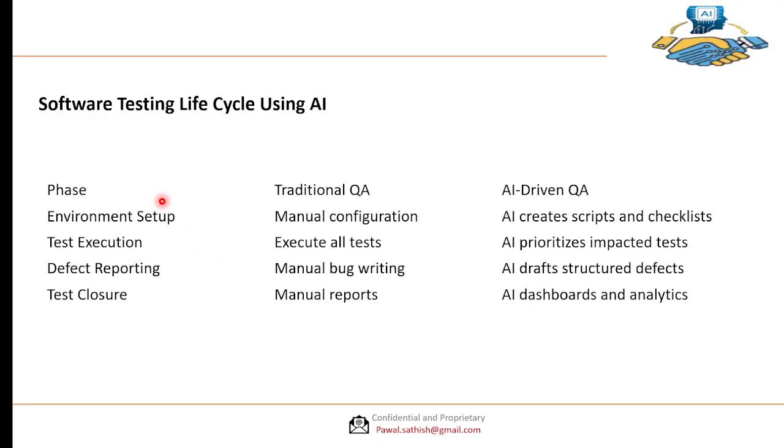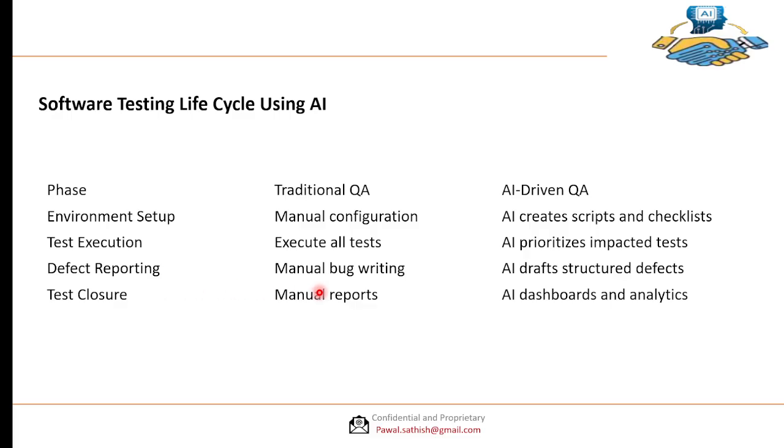Now here, AI-driven QA versus traditional QA. For environment setup, traditionally we require total manual configuration, whereas using AI creates the scripts and the checklist. For test execution, traditionally we execute all test cases manually, whereas using AI we prioritize the impacted tests.